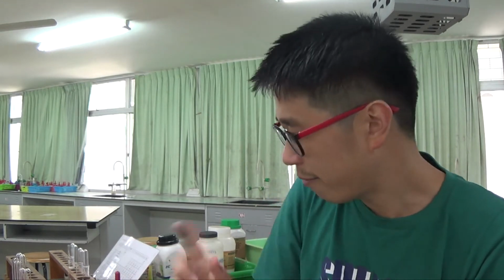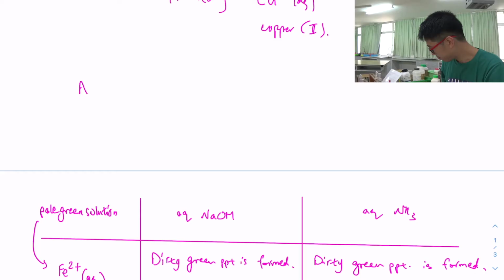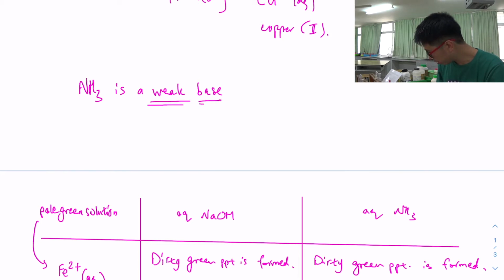Because ammonia is basic, ammonia is alkaline. You should have learned this in your theory. NH3 is a weak base. A weak base because it reversibly ionizes, or it partially ionizes.